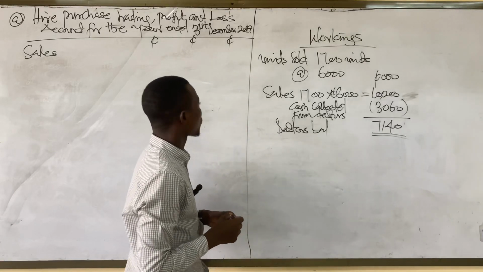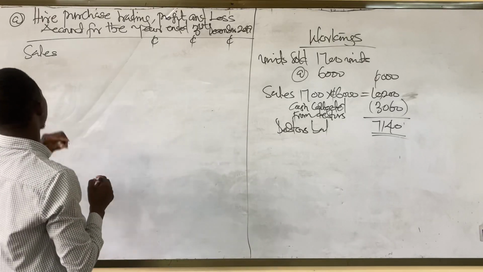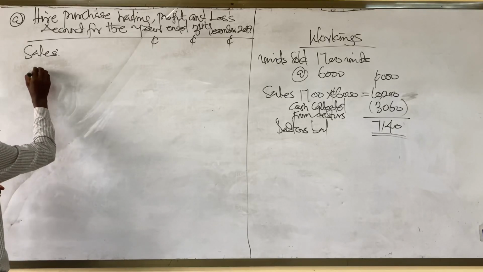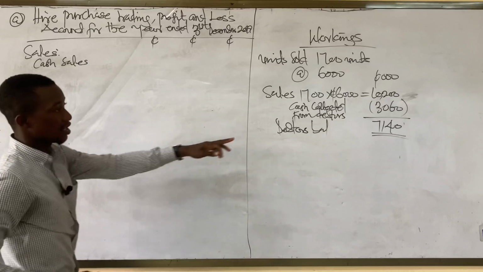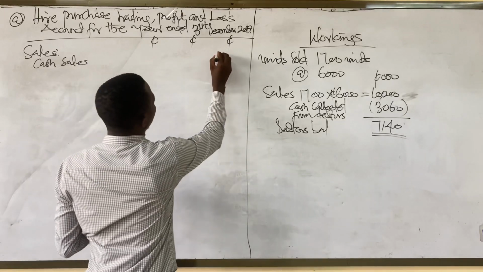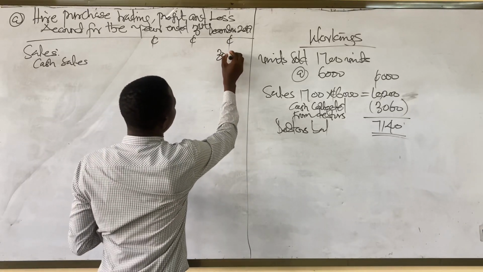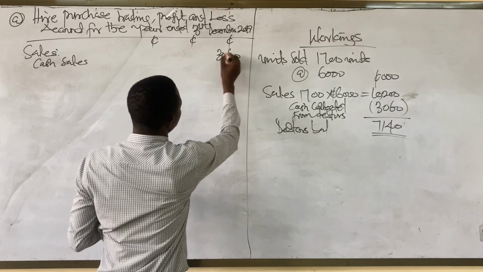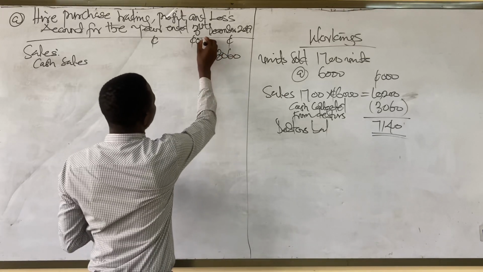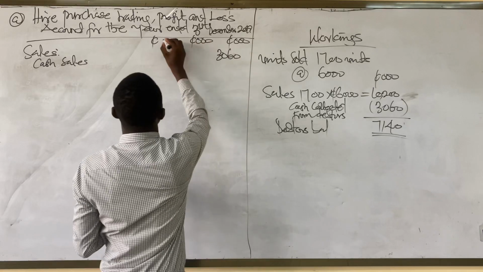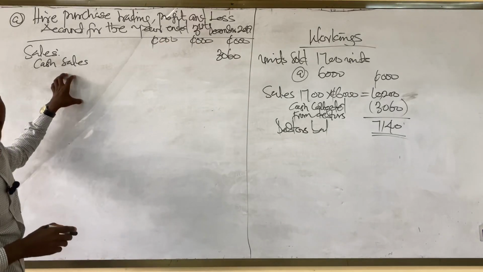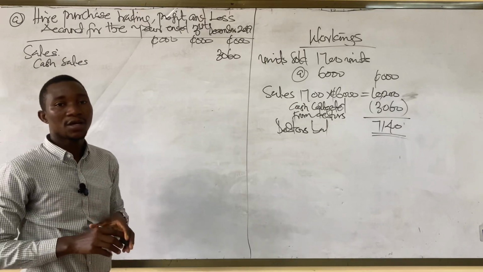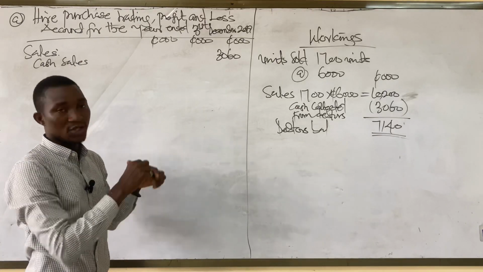Is that okay? So first of all, these sales will be split into two. We have the cash sales being cash collected from debtors of an amount of 3,060. 3 zeros are up. Okay, so with the credit component, we base on the stock on hire to determine the credit component.